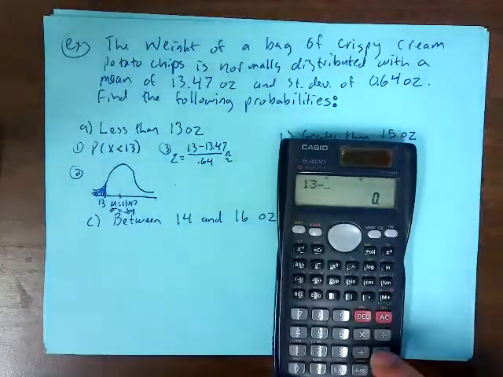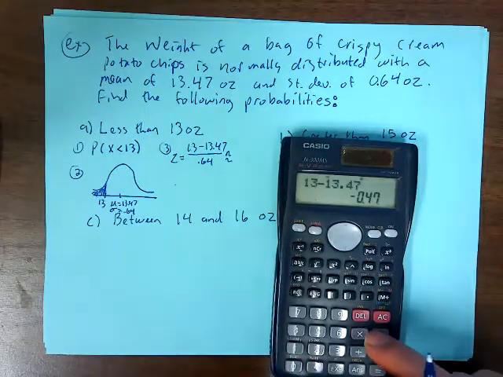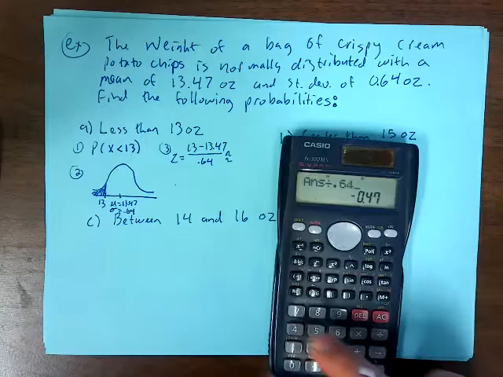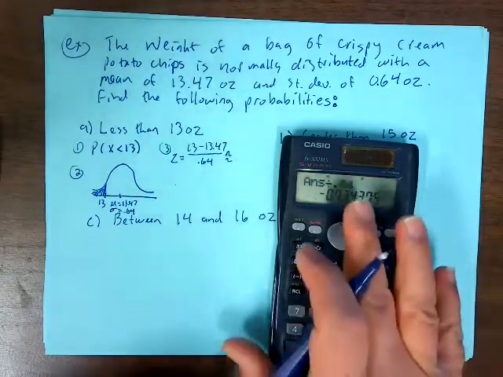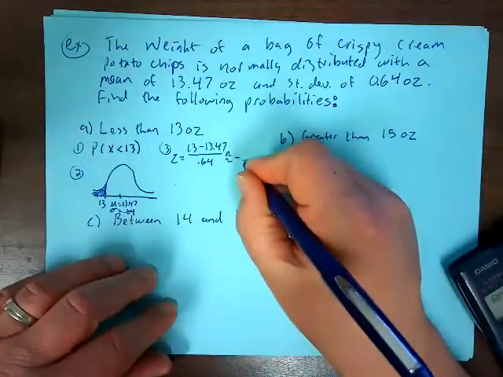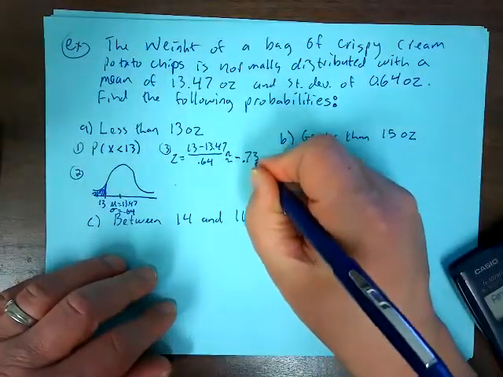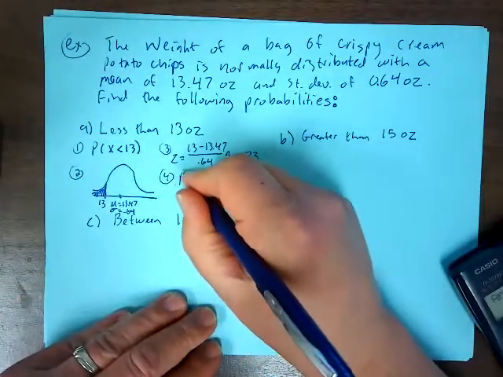So 13 minus 13.47, divide that by 0.64, and it looks like I get a z-score of negative 0.73. So now I write the z-score probability.